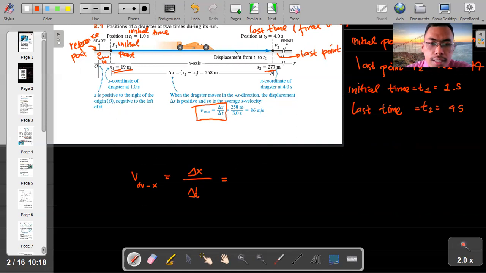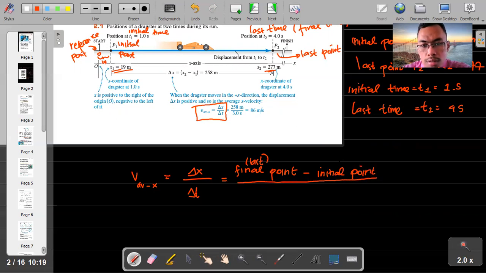Delta x is the final point, not final displacement, final point, minus the initial point, divided by the final time minus the initial time.